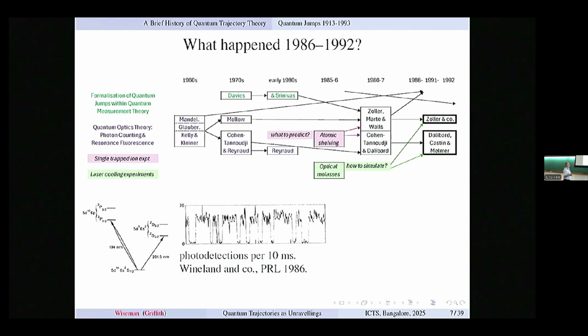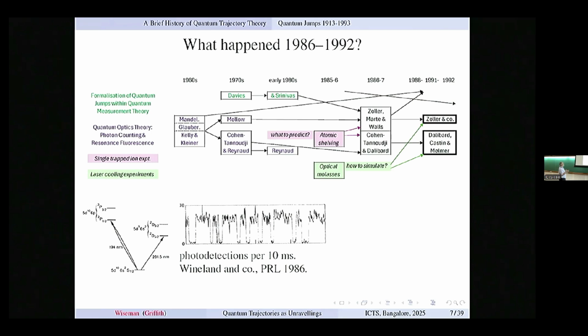And they took their inspiration from different people who had done work on this in the 1970s. Not surprisingly, from the French group, there's a very strong line going through that school. But Zoller, Marte and Walls, as well as the work of Mollow, were directly influenced by some work in mathematical physics. Davies is a very famous name in the foundations of the theory of quantum measurements.